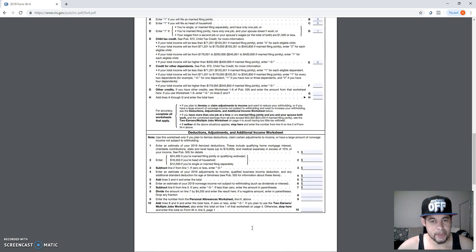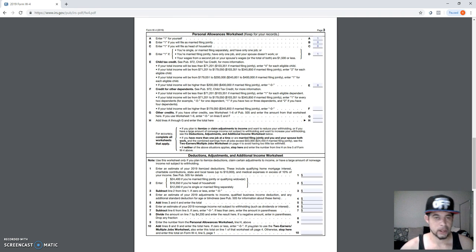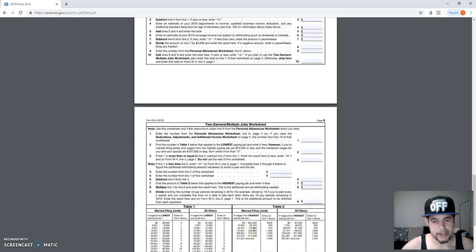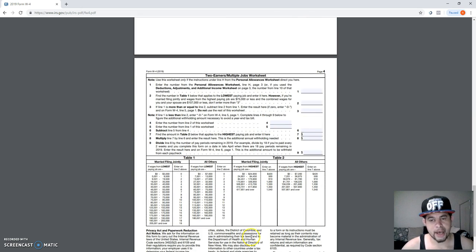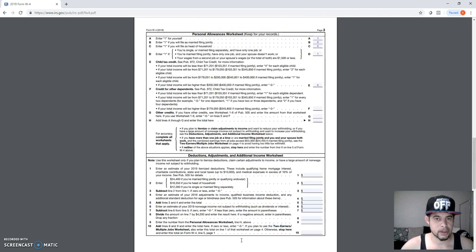This page, for me, was the only page I needed to fill out, because the other page here is actually for people that have multiple jobs. All right, so let's go over the first page, which we'll just jump right into.